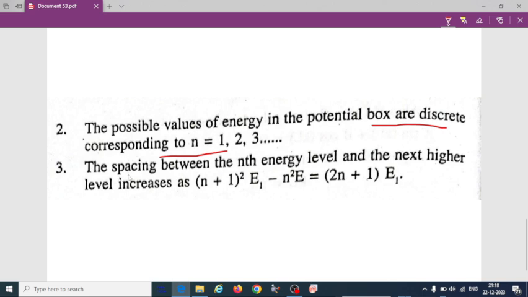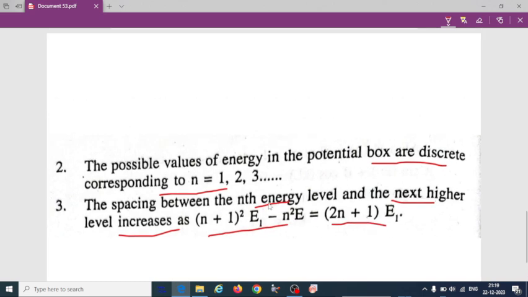The third one, the spacing between the nth energy level and the next higher level increases. If we take the difference between ground state and excited states, or spacing between nth energy level and the next higher level, we can write the equation like this: spacing between energy levels is (n+1)²E1 minus n²E1, which is equal to (2n+1)E1.